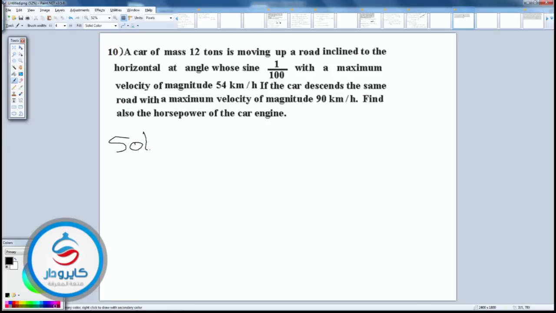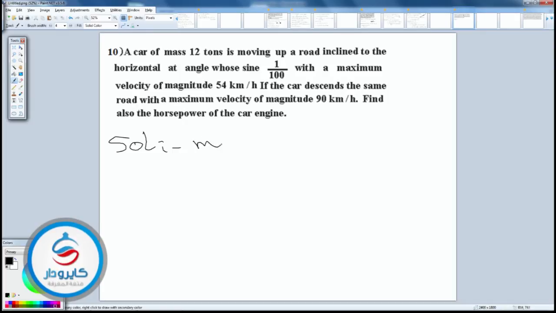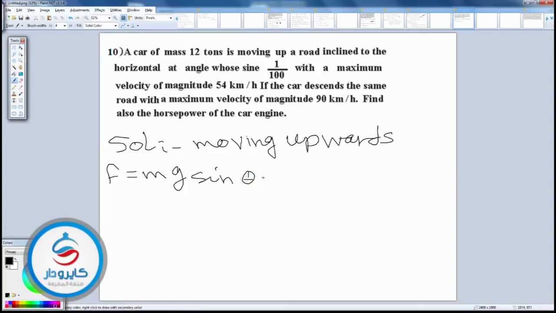Solution. Moving upwards, F equals mg sin theta plus R equals 120 plus R kilogram dot weight.